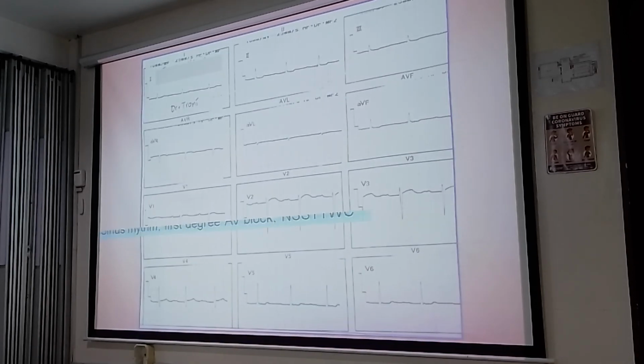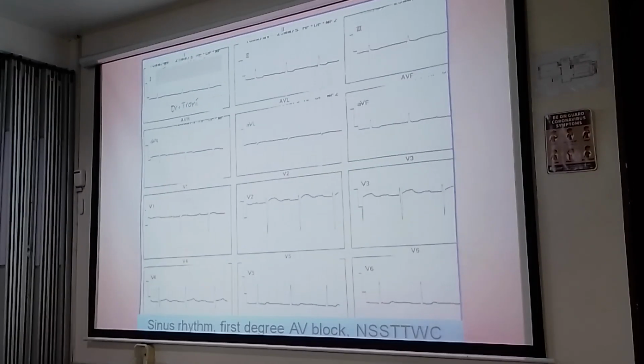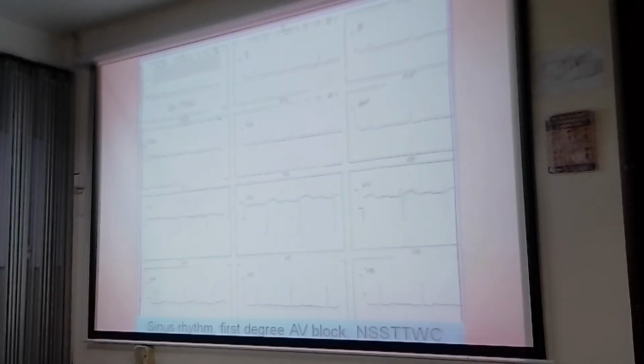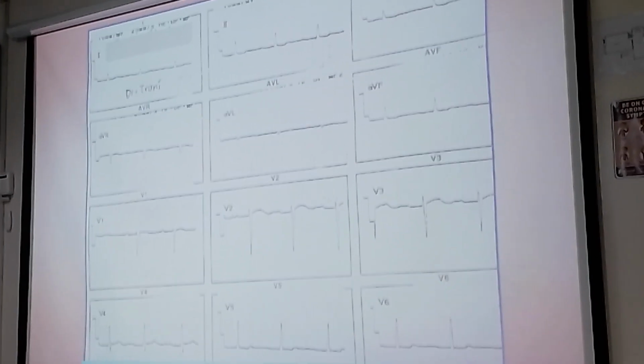What about this one? First degree block, look at the P wave, look at V1. By eyeballing, you'll know that's your P and then the PR segment.